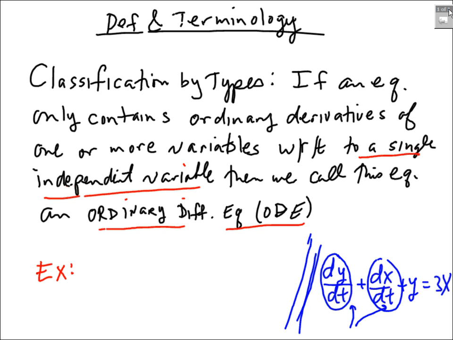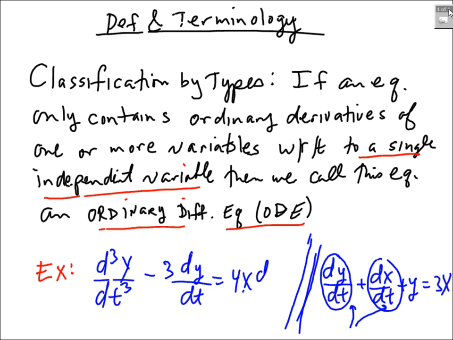Another example might be d cubed y dt cubed minus 3 dy dt is equal to 4x dx dt. All the derivatives are ordinary.